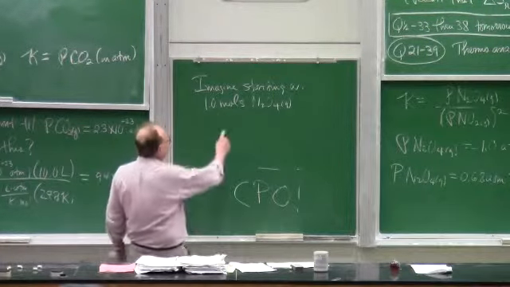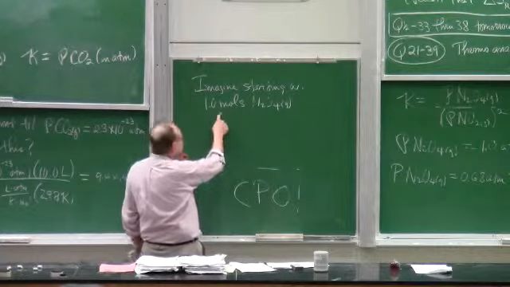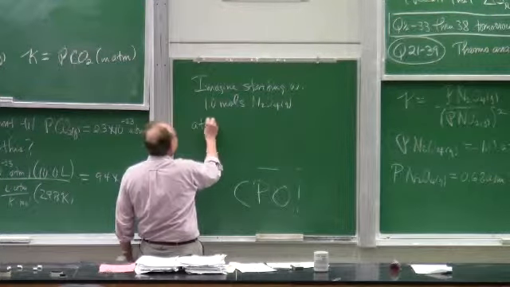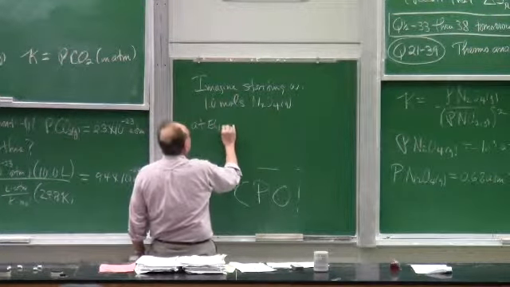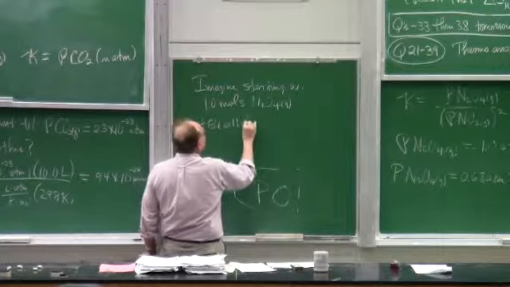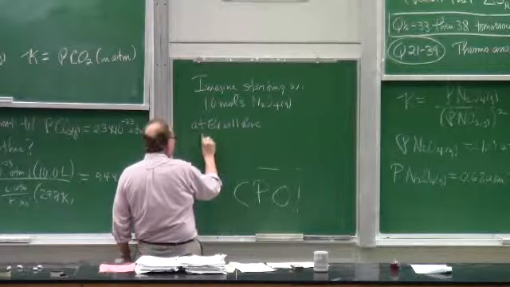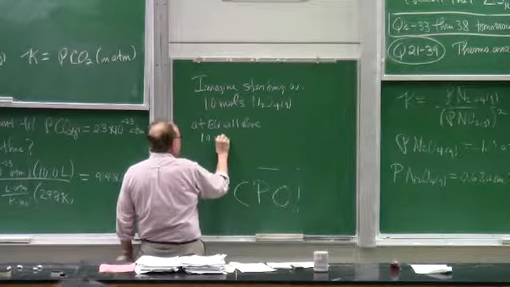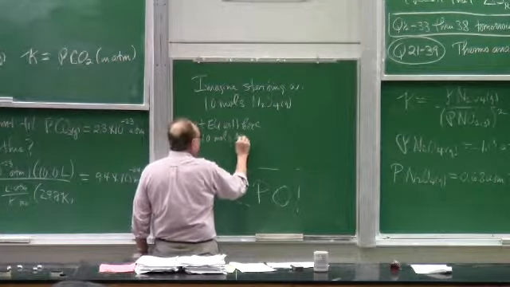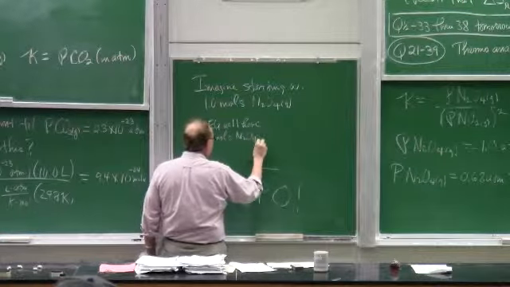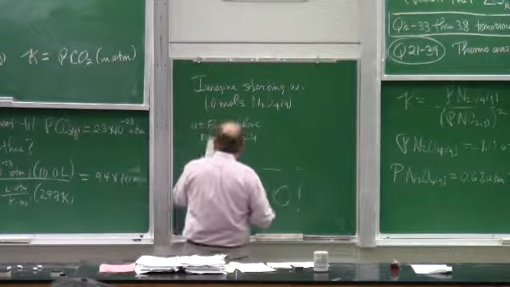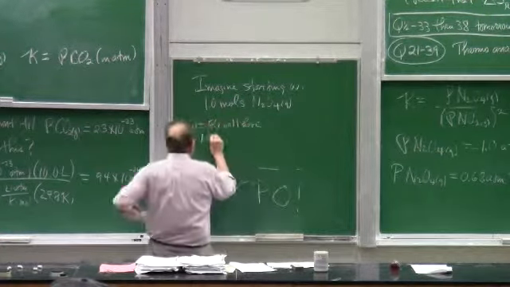So this is the initial quantity. At EQ, we'll have 1.0 moles N2O4. Well, let's just write 1.0 moles.